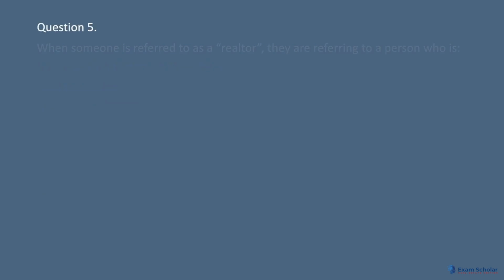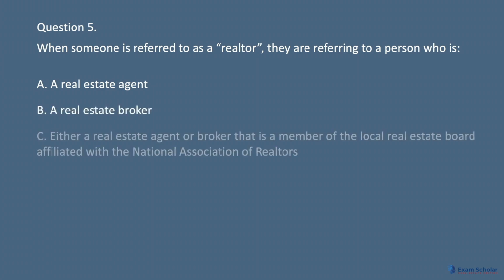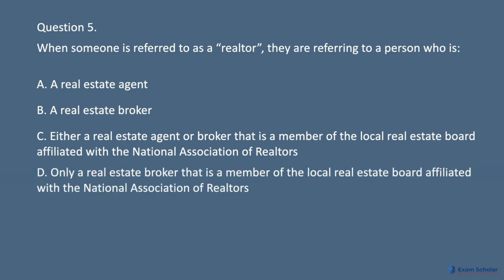Question 5. When someone is referred to as a realtor, they are referring to a person who is A. A real estate agent, B. A real estate broker, C. Either a real estate agent or broker that is a member of the local real estate board affiliated with the National Association of Realtors, D. Only a real estate broker that is a member of the local real estate board affiliated with the National Association of Realtors.